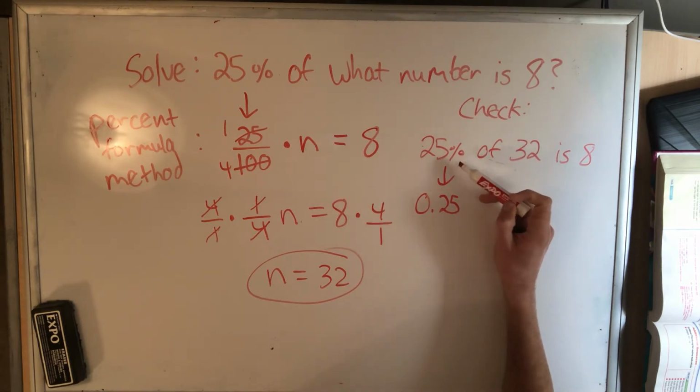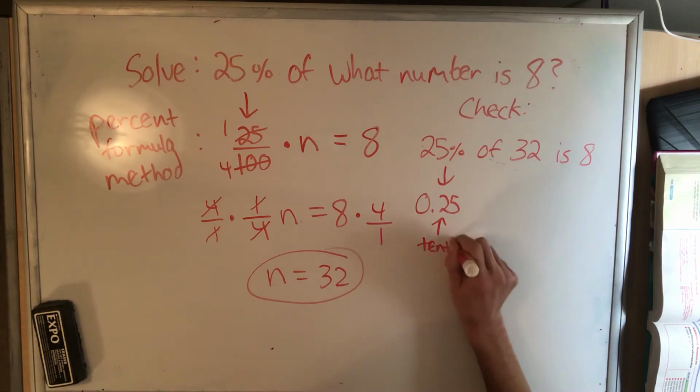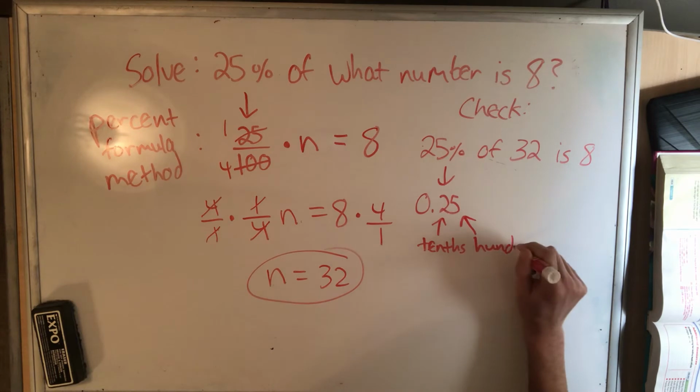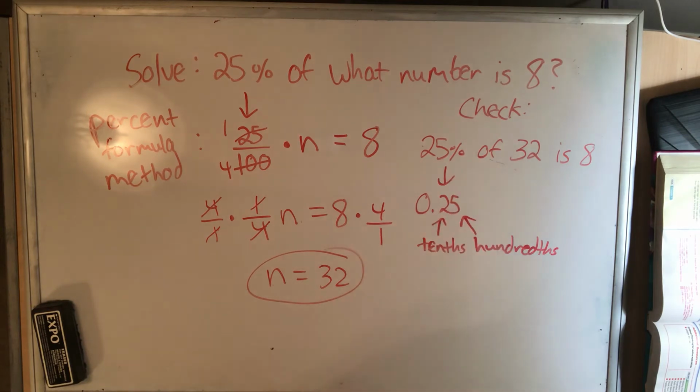Since percent tells you how many hundredths you have, 25% is 25 hundredths. And the first decimal place is the tenths place. The second decimal place is the hundredths place. So since this goes to the hundredths place, 0.25 is equal to 25 hundredths, which is 25%.